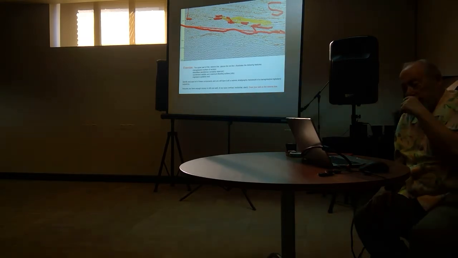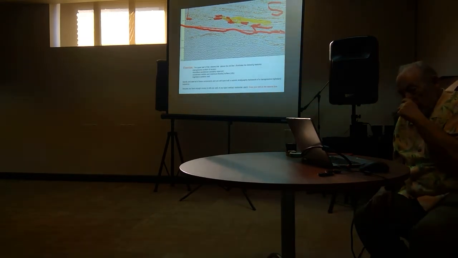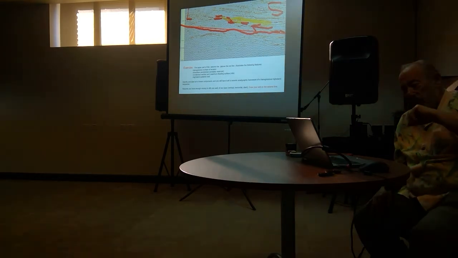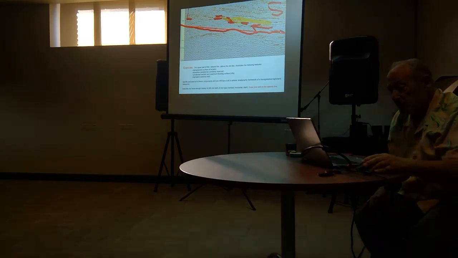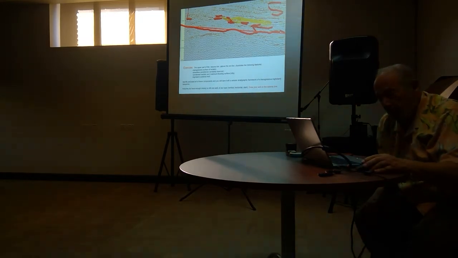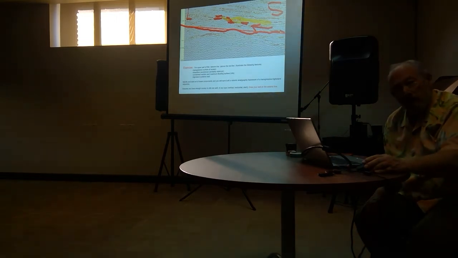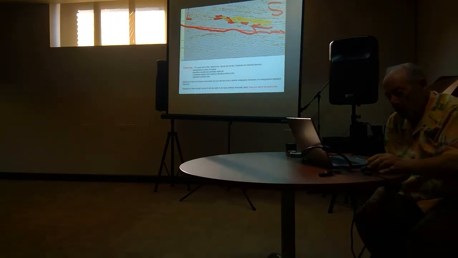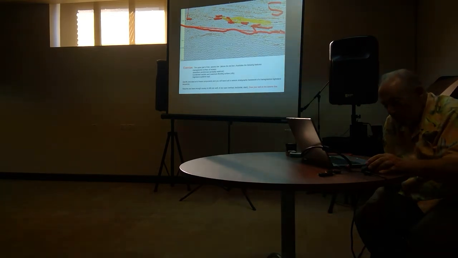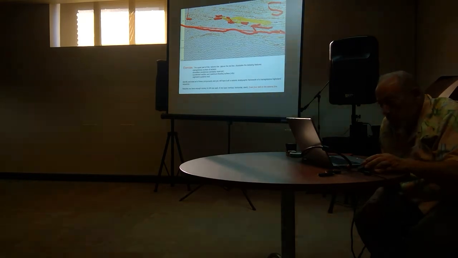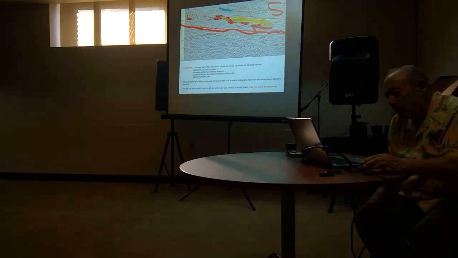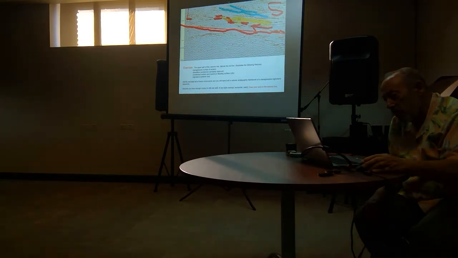Once you go through a transgressive period, according to my sea level curve, you then go through a regressive or highstand systems tract, we sometimes call it. That is a period of time where you get progradation of sediments. And what do I see here? Very nice progradational features right there.